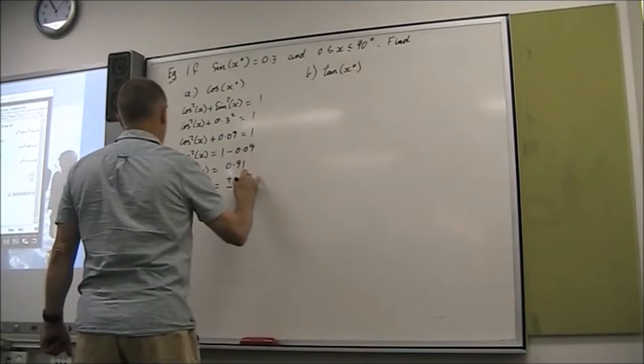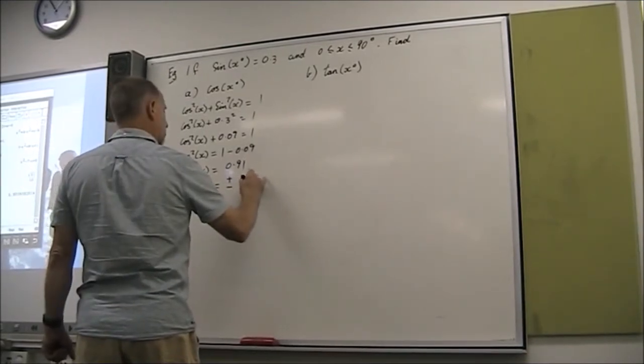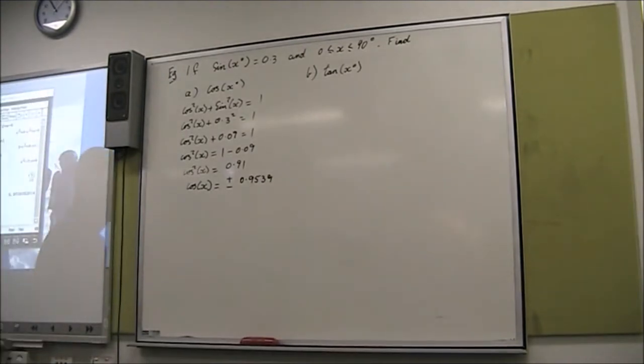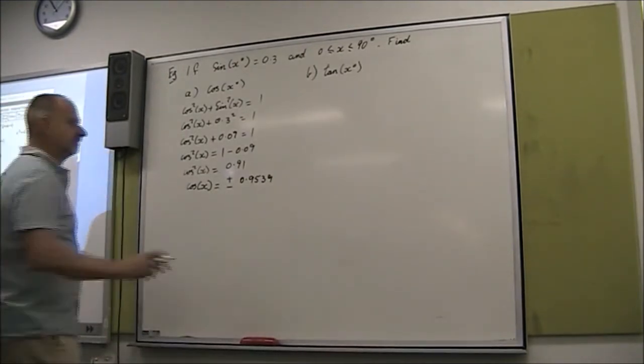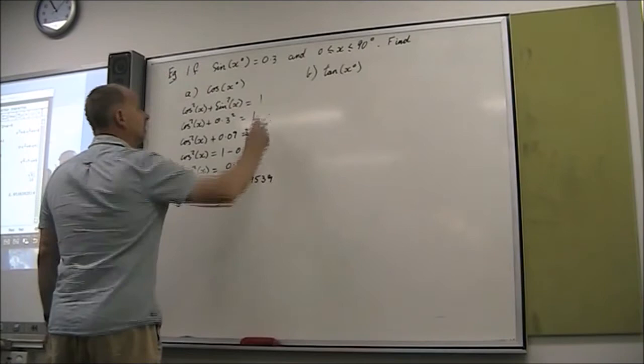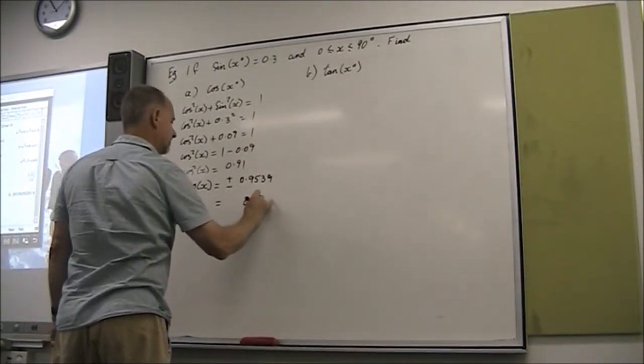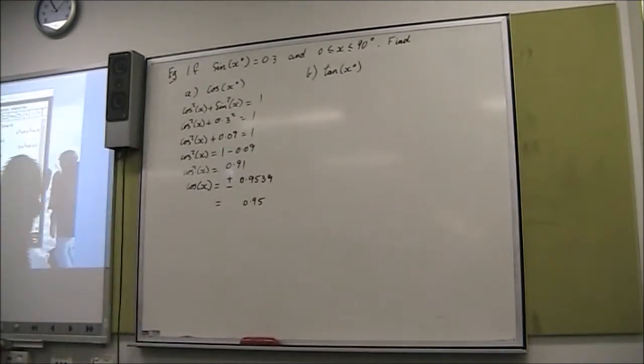Plus or minus 0.9539 is what our calculator gives us. I'm going to go 2 decimal places with that.